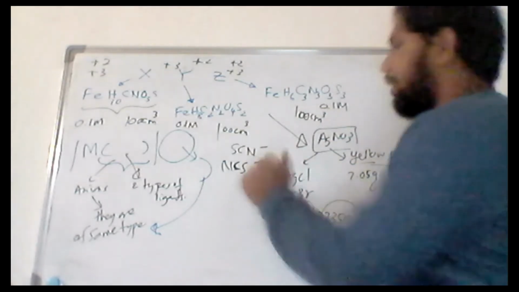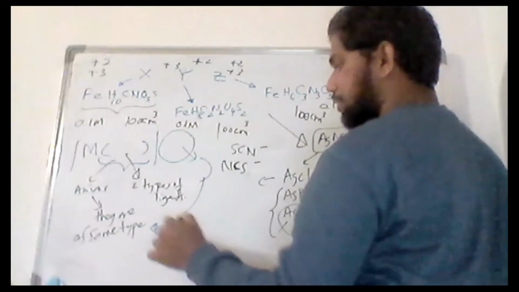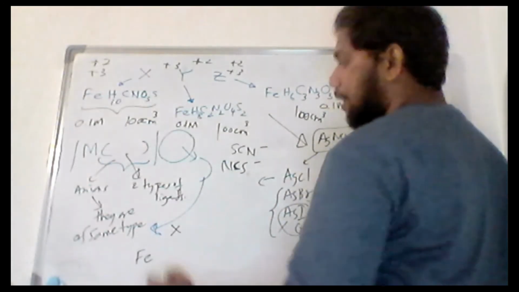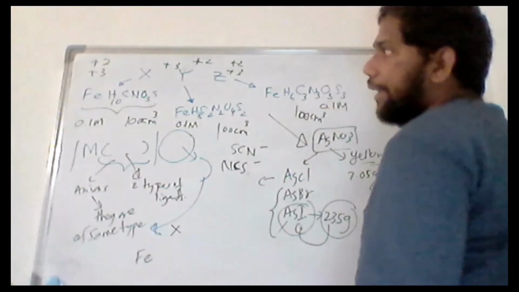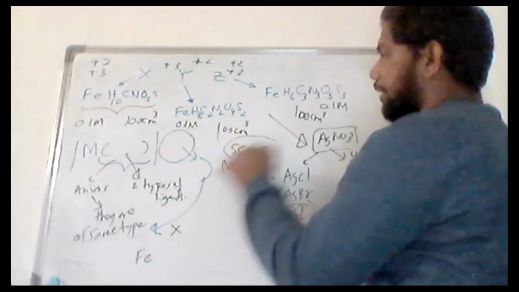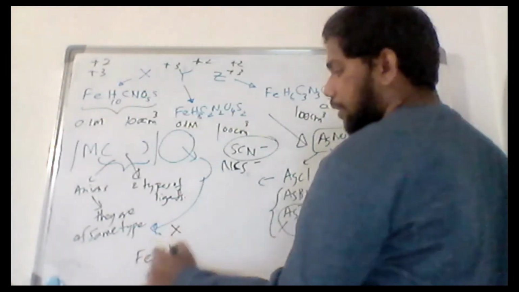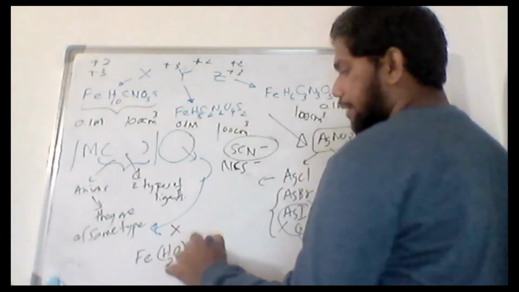So the idea here is, let's try to analyze using that. So first X, so Fe, then we will have H2O, and let's take this one, SCN. So we will put H2O5 and SCN.